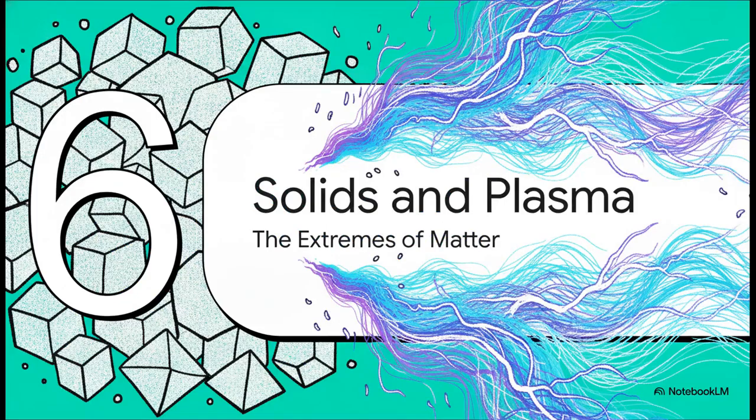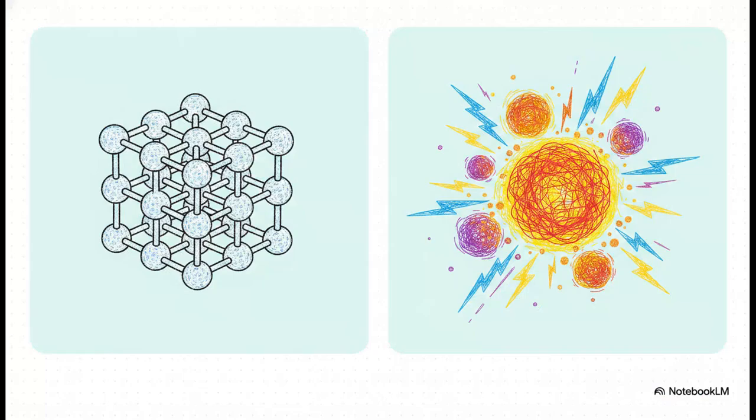Section 6. Solids and plasma. The absolute extremes of matter. All right, here we are looking at the furthest extremes of matter. Over on one side, we have our solids. Their particles are rigidly locked into fixed positions by immensely strong cohesive forces, giving them incredible stability. But flip over to the total opposite extreme, and you have plasma.